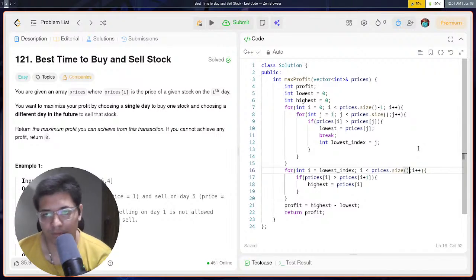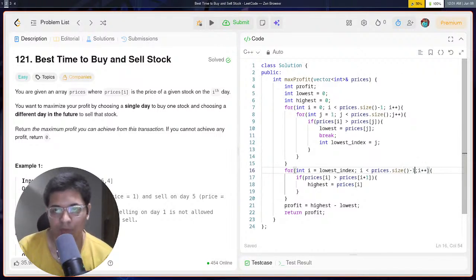Why are we going till the, we should. If price of i is greater than price of i plus 1, then highest is equal to price.